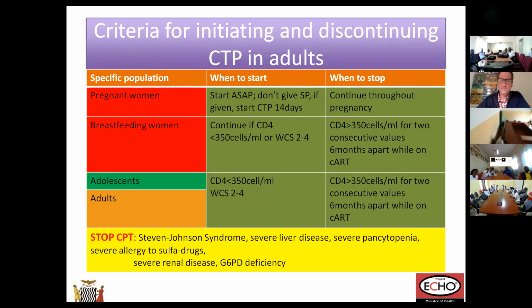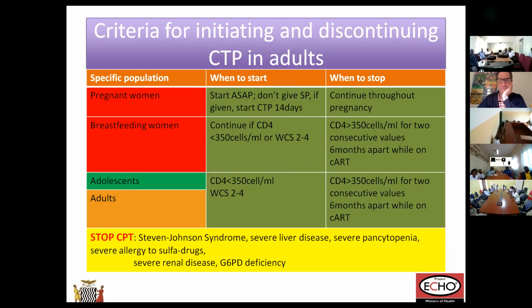Then for breastfeeding women, you have to continue the cotrimoxazole if the CD4 count is less than 350 cells per mil, or if WHO clinical staging is from stage 2 to 4. Then stopping in pregnant women, you actually have to continue throughout the whole pregnancy, and then you assess the woman postnatally according to the adult criteria, which we'll talk about shortly.